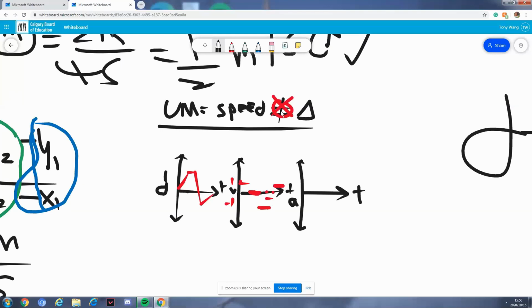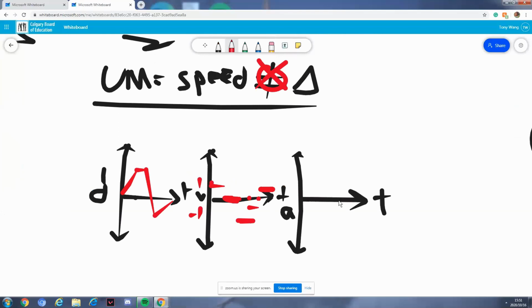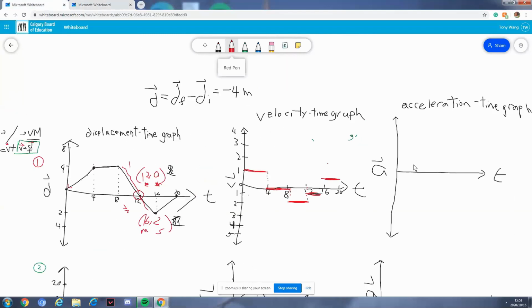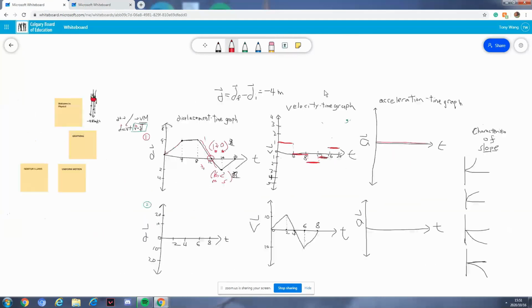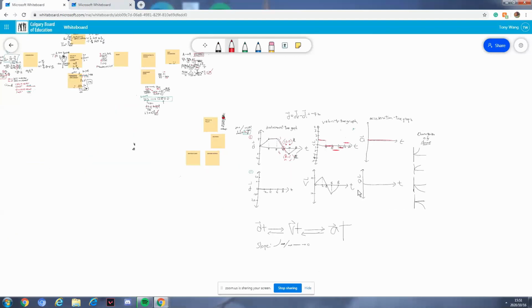No. So the speed does not change, and there's no acceleration. What would the value of your acceleration be? 0. Yeah, 0. Good job. So that means that this acceleration time graph is 0 throughout the 20 seconds. There's no acceleration, so we just put a straight line on 0. Okay? All right, so let's move on to this question.